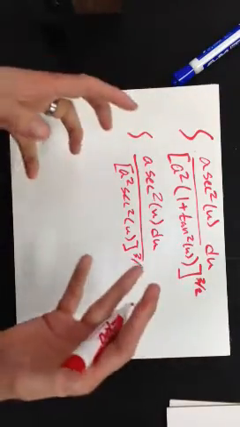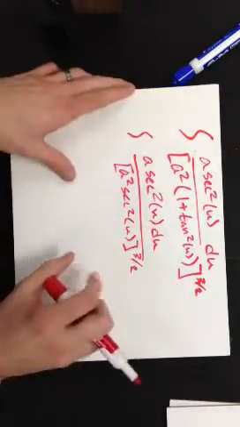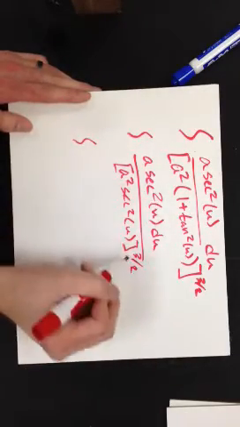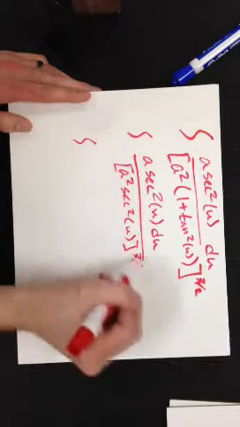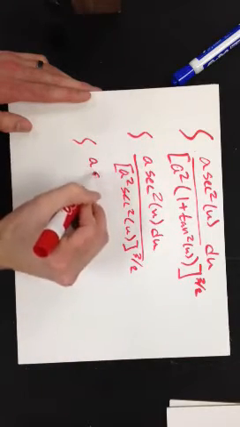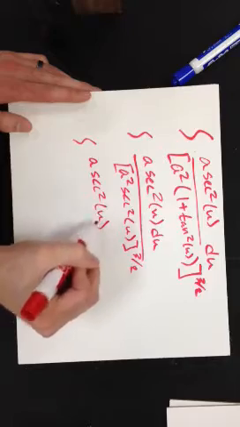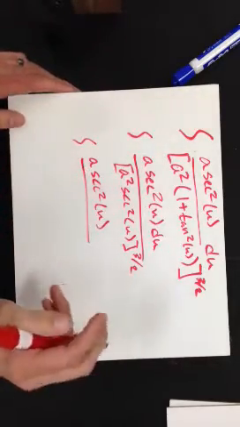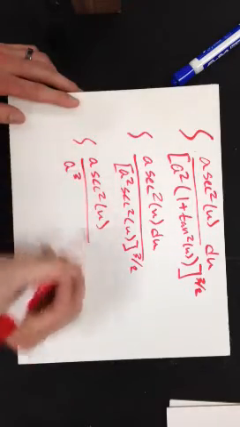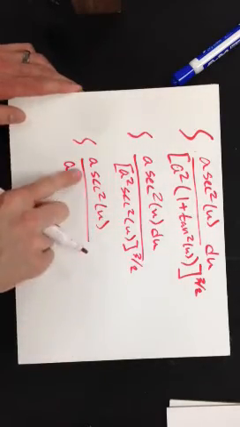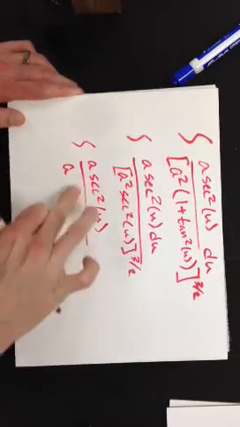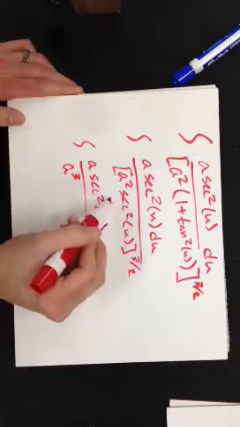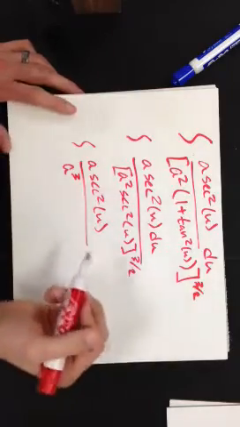Now that is much more manageable, and I can simplify this quite a bit. So I'm going to take this to the 3/2 power. Up top I've still got a secant squared u, but now a squared taken to the 3/2 is just a to the 3rd power.